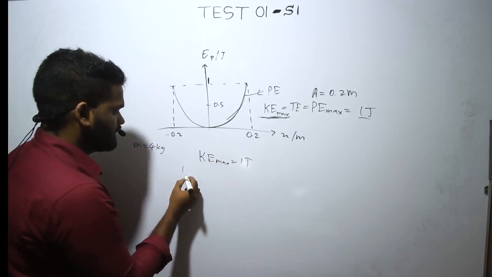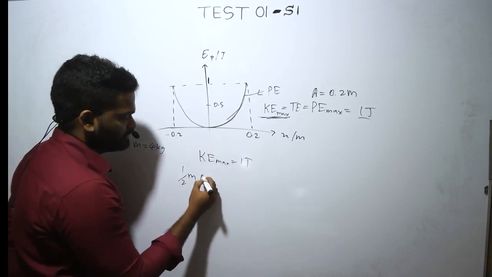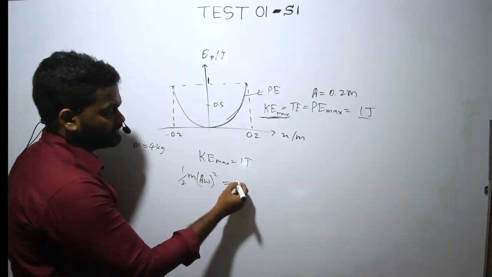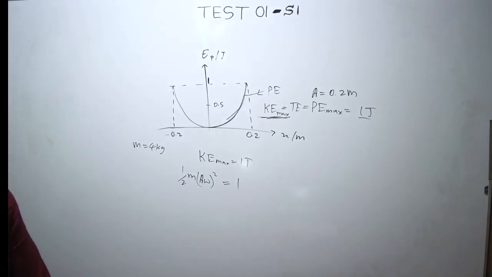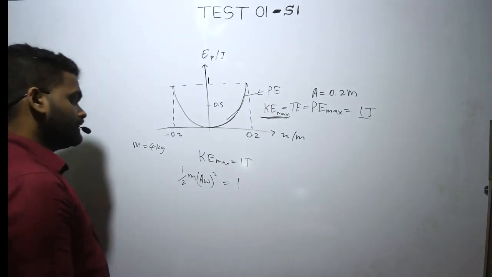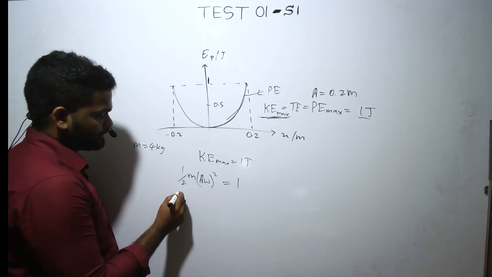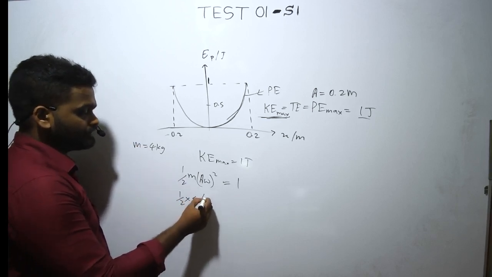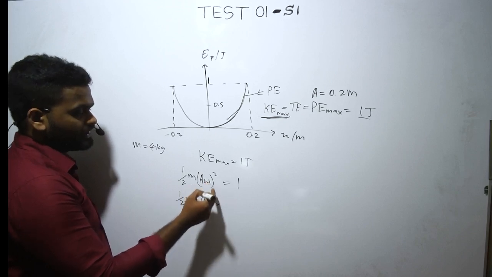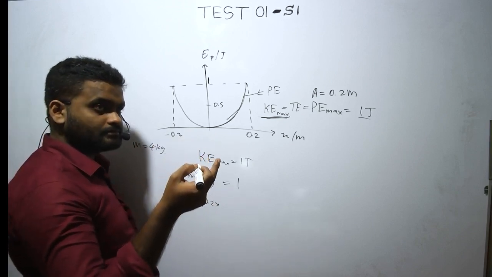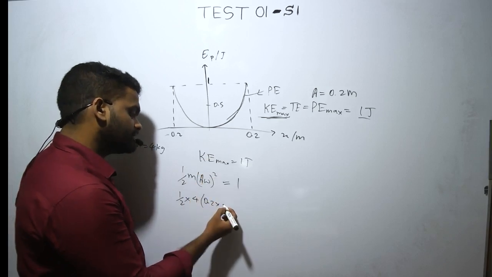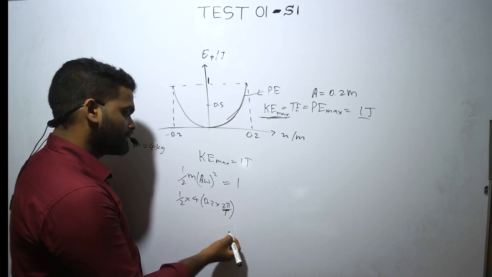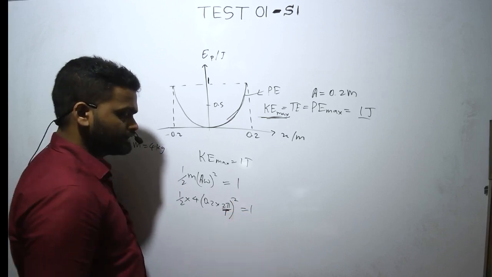So what is KE max? Half m v max squared. v max is A omega, squared, equals 1. Right. So half, mass is 4, amplitude is 0.2, right? And omega, because you need to find time period, I write omega in terms of 2 pi divided by capital T. And it is squared equals 1.